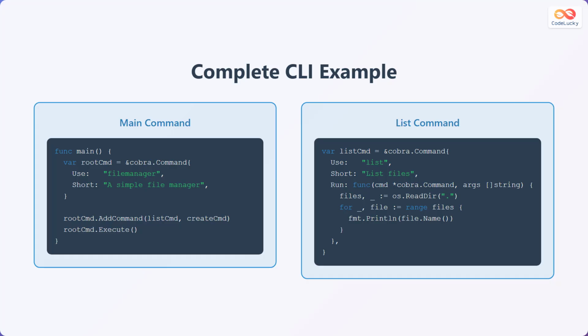It uses the os package's ReadDir function to get directory contents and iterates through them to print each file name. This example shows how simple it is to create functional CLI tools with Cobra, combining the command structure, subcommands, and real functionality into a cohesive application that users can immediately understand and use.